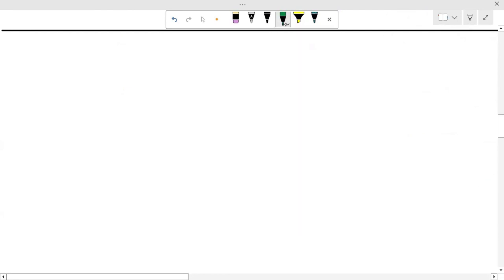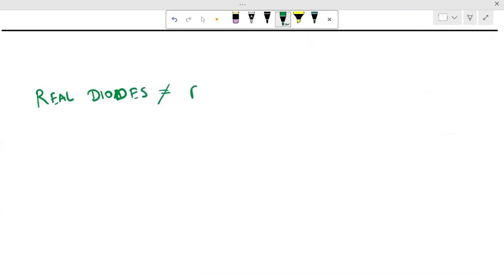However, it is really important to remember that real diodes are not ideal.